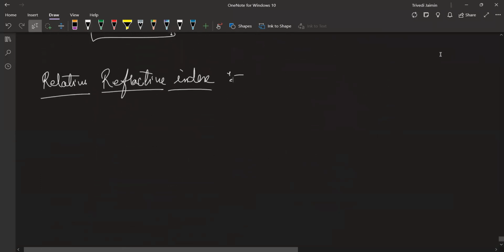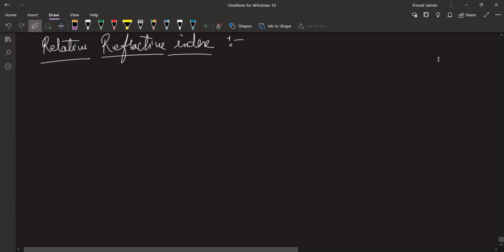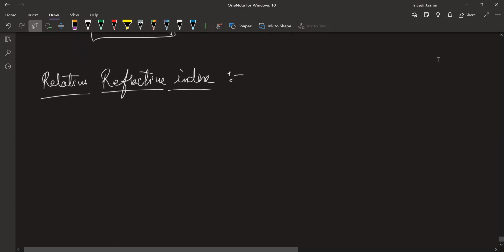Now, if we have two other media, that gives you relative refractive index, meaning related to some other medium. So, two different media. Relative refractive index means light passes from one medium to some other medium.